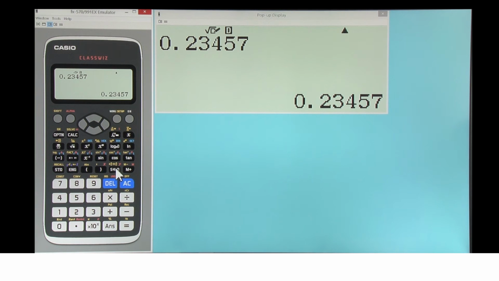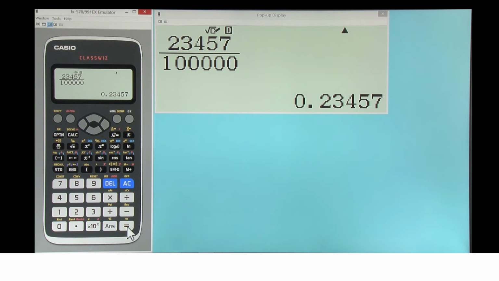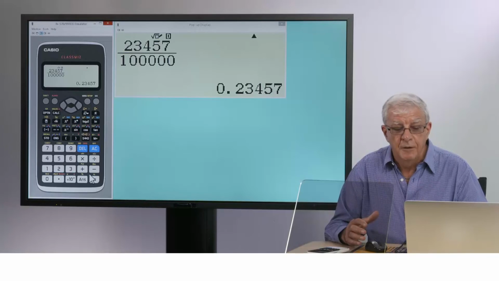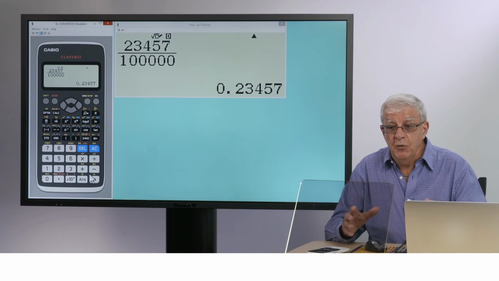But students can use the ClassWiz for themselves to confirm that the fractional representation 23457 over 100,000 is in fact the decimal 0.23457. And it's a good feeling for students to have intuitions that are confirmed like that.